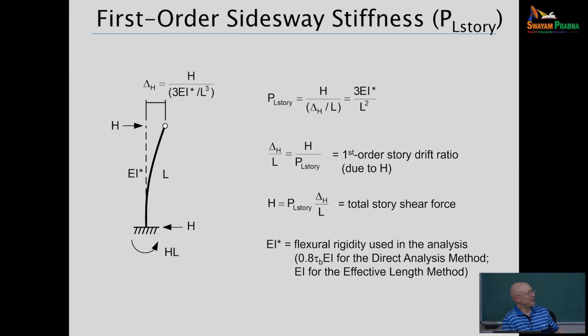Okay, and of course that would be then for our cantilever 3EI/L squared. And so the drift ratio we can obviously get by dividing H by the stiffness, written in this way, PL story, or H is PL story times the drift ratio.